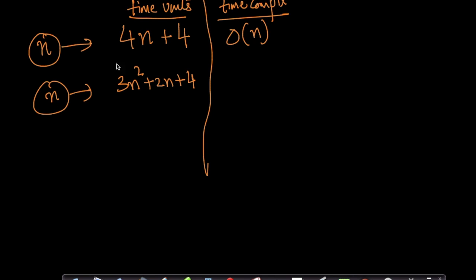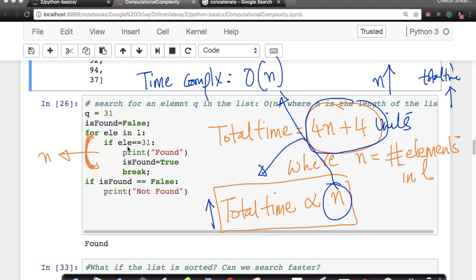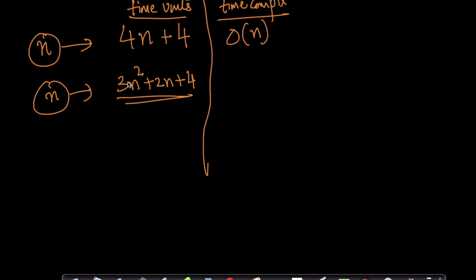This is some other code, not your finding the largest element. When you compute the time units the way we did here, let's assume we get 3n square plus 2n plus 4. Now here is what we do when we compute time complexity.